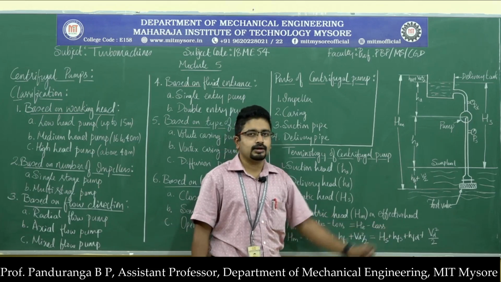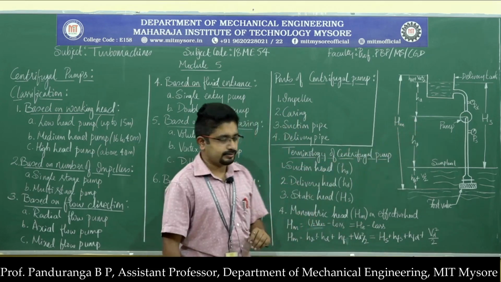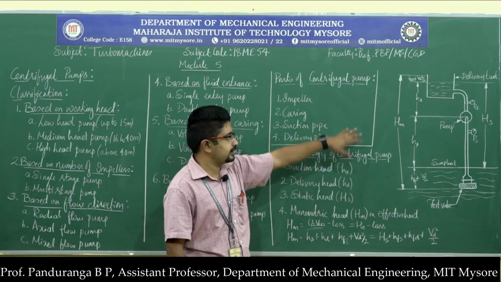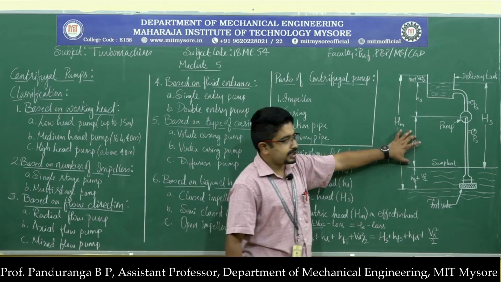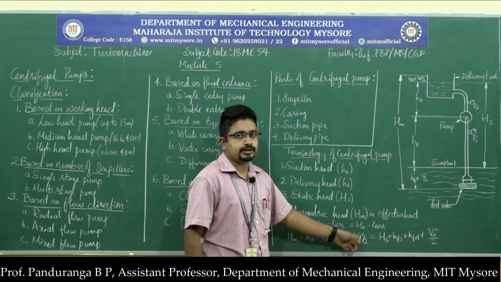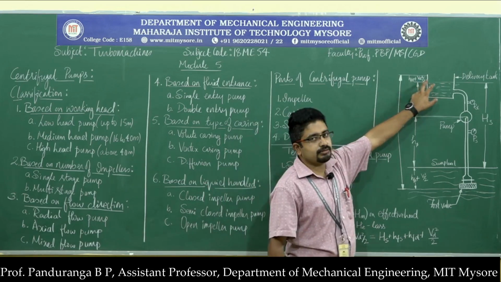So HE minus the losses that occur in the impeller and the casing. Or HM can also be written, with the help of this diagram, as HS plus HD plus HF, the total frictional losses, plus Vd square by 2g.